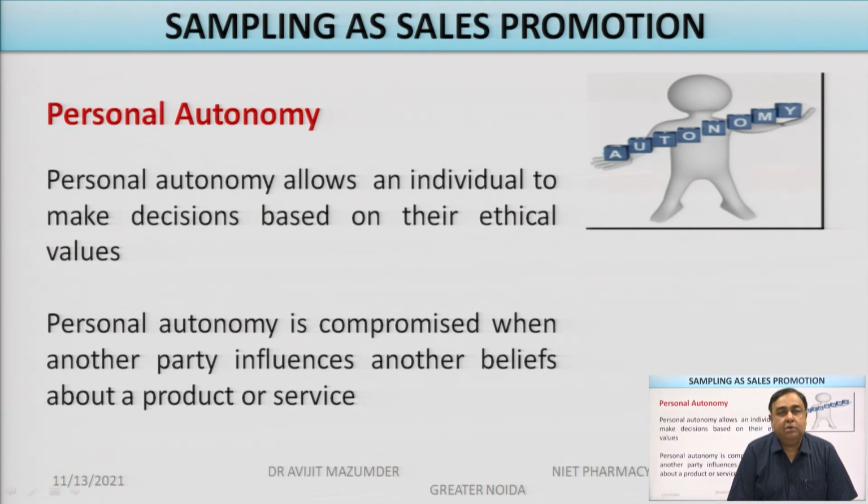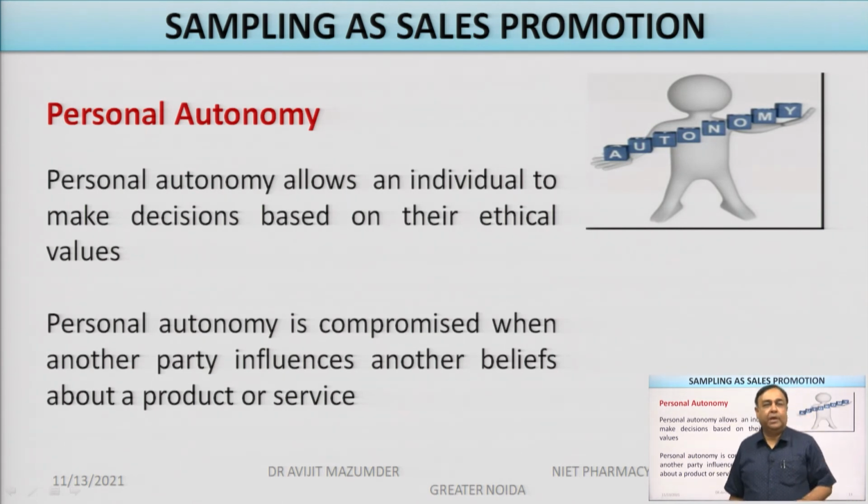But the question is, there is no harm in it as long as the personal autonomy, the loyalty of the process, or the dignity of the process is maintained. Personal autonomy allows an individual to make decisions based on his or her ethical values.